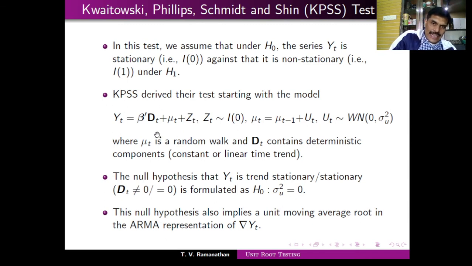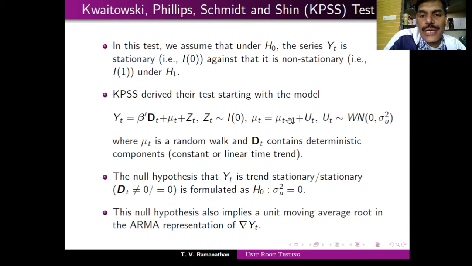This series is stationary, except that the non-stationarity is because of this mu t, where mu t evolves in this manner. Now you are testing the hypothesis that sigma u square equal to 0. When sigma u square equals 0, it just stays at the starting value because there is no variation.